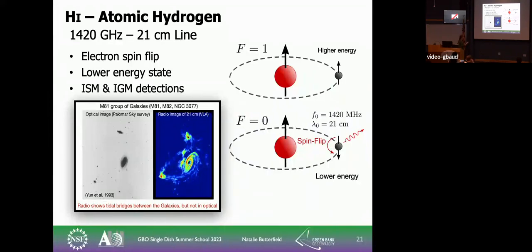And so what you can see is that through optical, you just see these three galaxies. But when you look at it in H1, you can see that there's actually these tidal tails and this connection between the galaxies that's observed at radio that you really can't see when you observe it with optical. And so this can be the benefit of looking at some of these sources with radio wavelengths, because there are certain features that you're not able to see at other wavelengths.